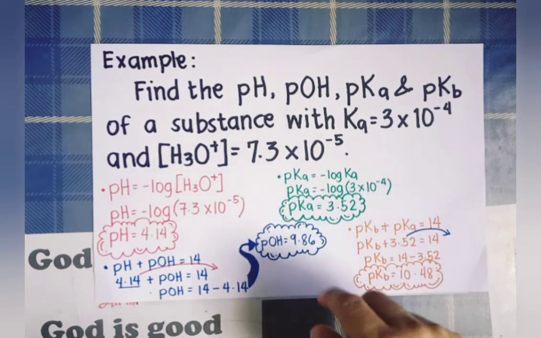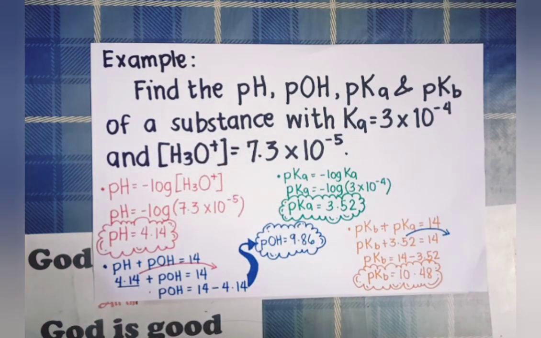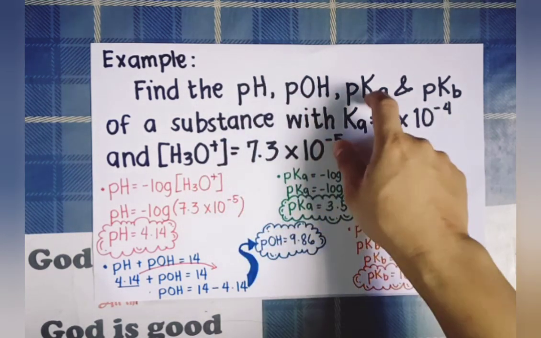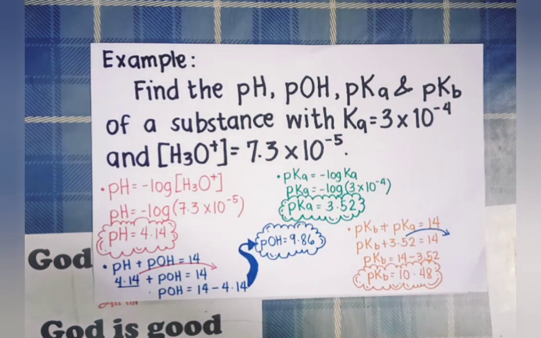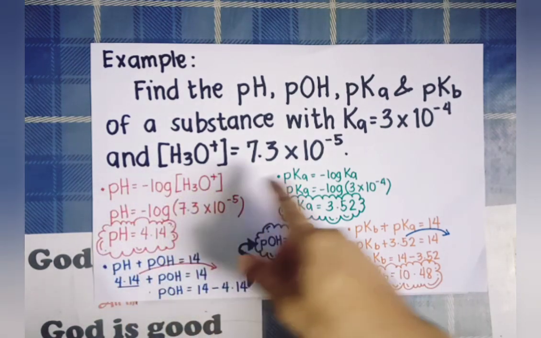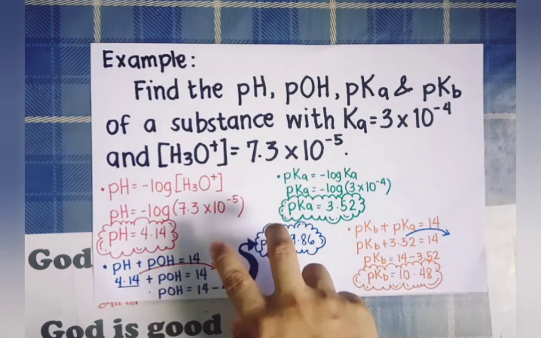We only have two givens, the Ka and the hydronium ion concentration, but we are required to find the four p scales: the pH, pOH, pKa, and pKb. The first values we can get are the pH and the pKa, because those two are directly given.